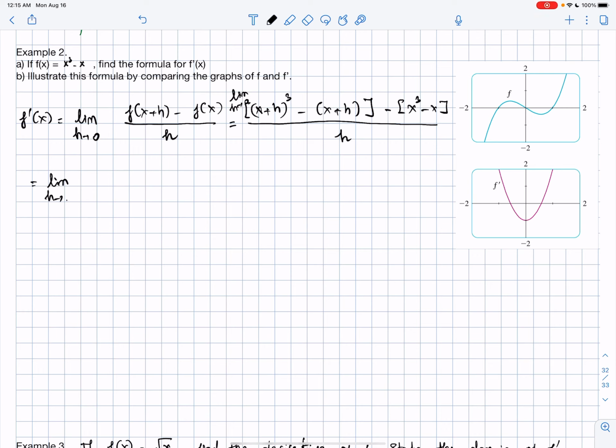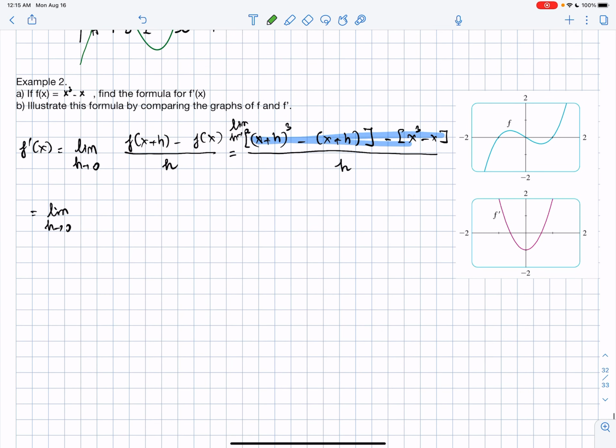We will expand this on the top, and it's a little bit messy, but it will work out at the end. So we know the formula for a plus b to the third power is a cubed plus 3a squared b plus 3ab squared plus b cubed.